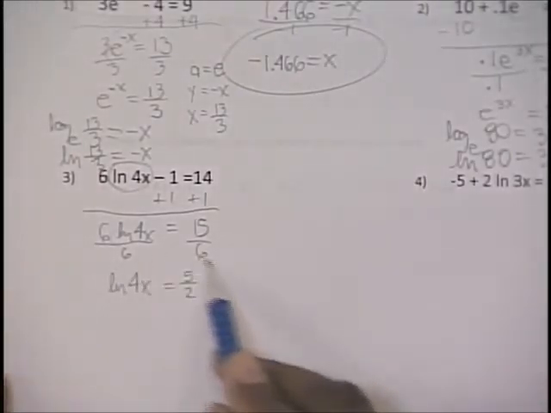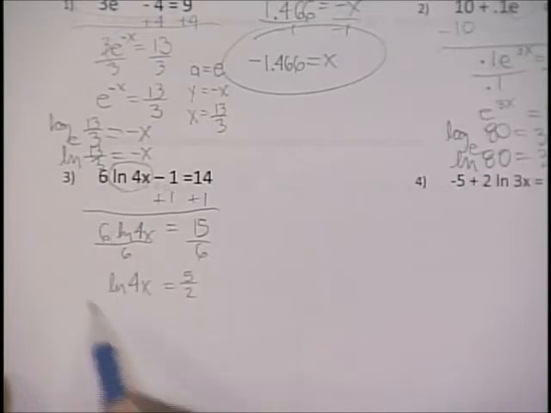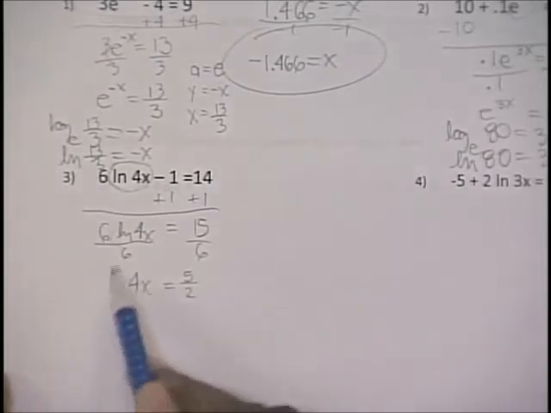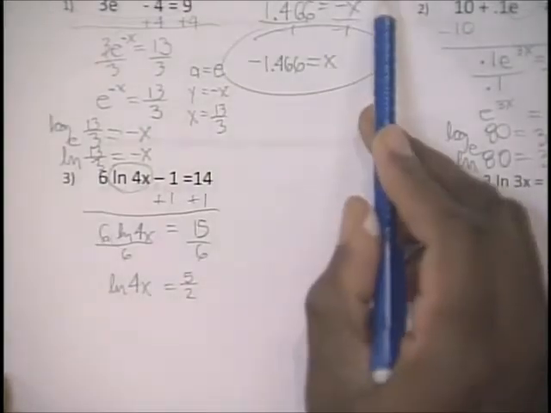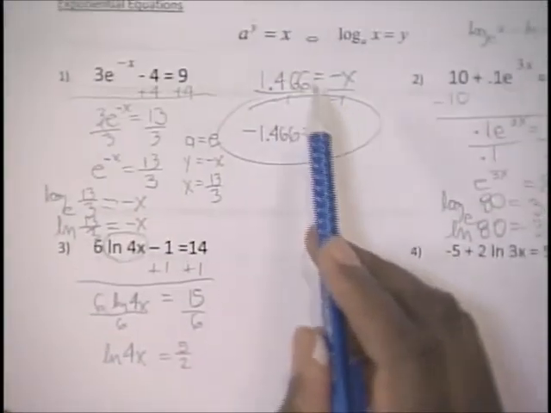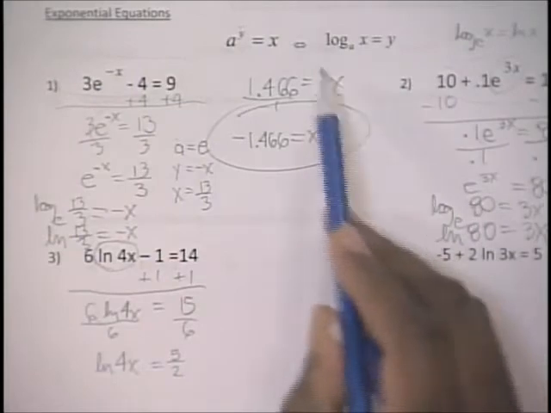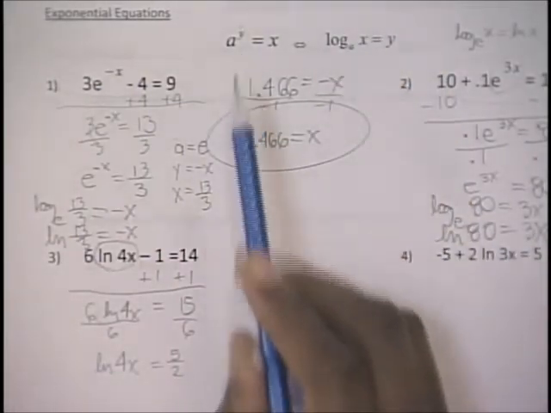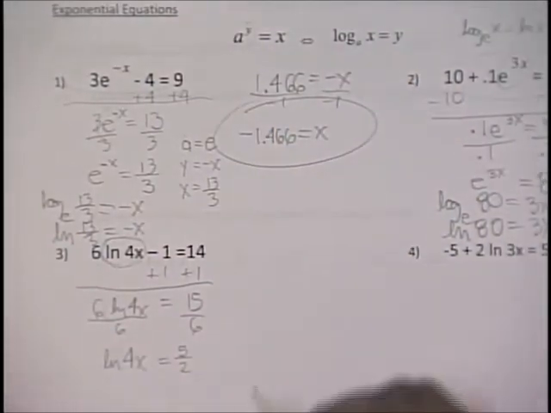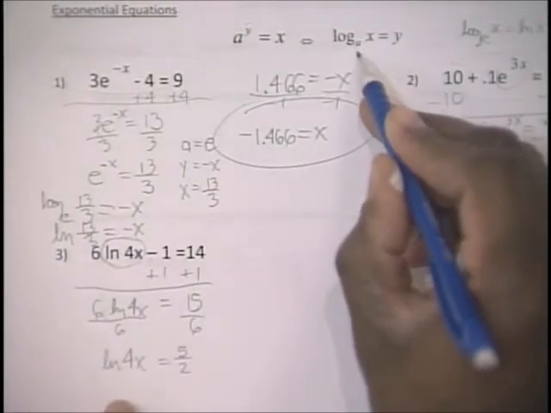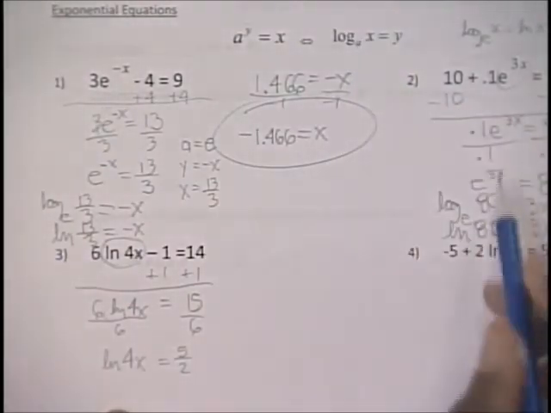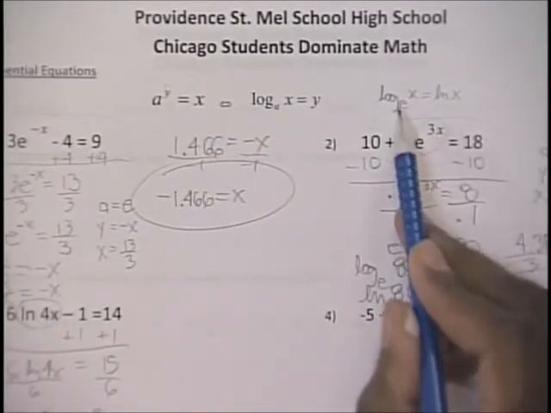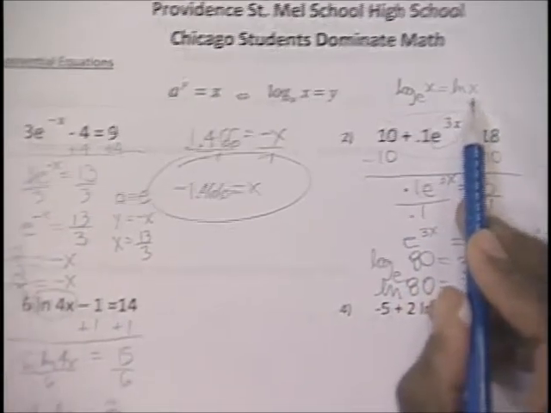All right, so now this is a logarithmic equation. The way to solve this logarithmic equation is to turn it into an exponent. You take the logarithmic equation and you turn it into the exponent. That's the only way to solve this. I told you, log base e of x is the natural log.